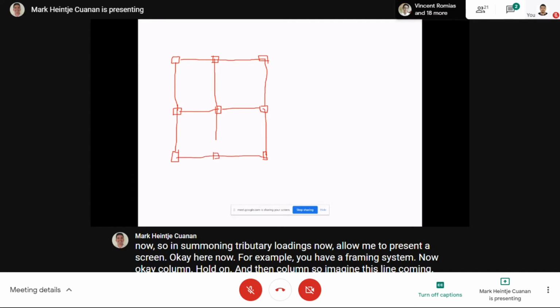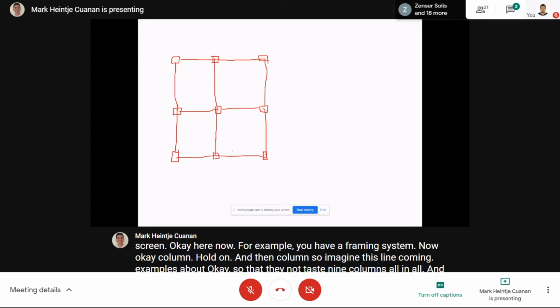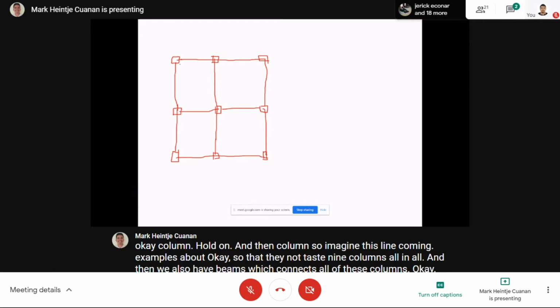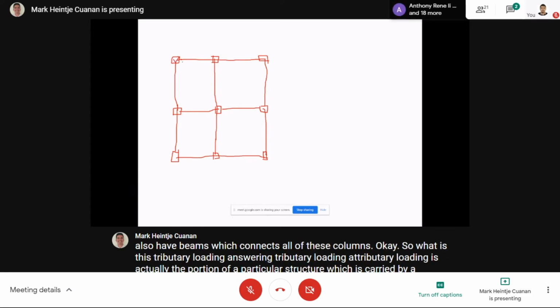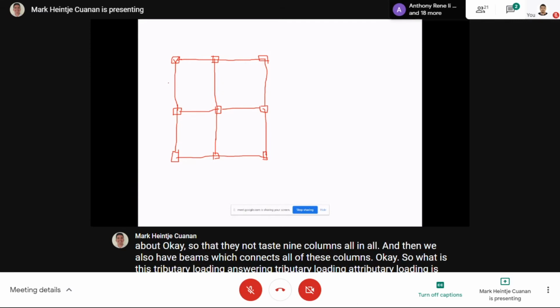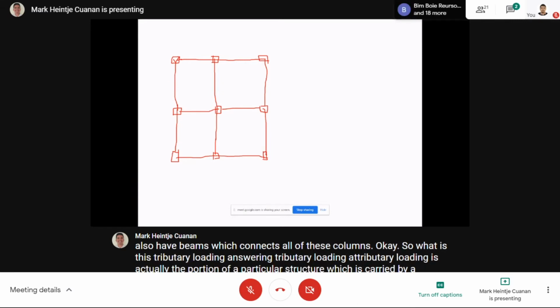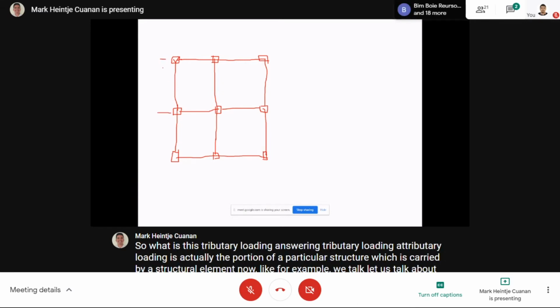So what is this tributary loading? A tributary loading is actually the portion of a particular structure which is carried by a structural element. Like for example, let us talk about a column. This column here will carry an area which is half of this distance going to this distance.